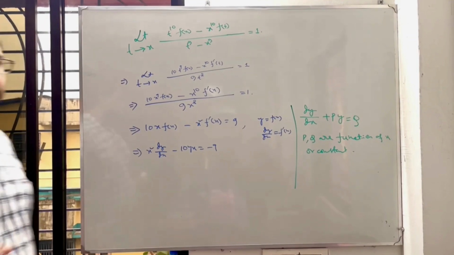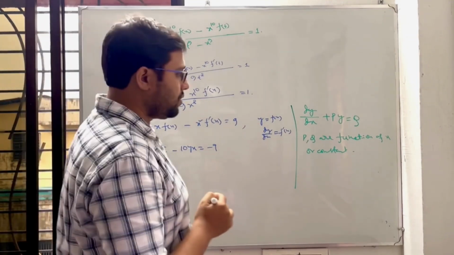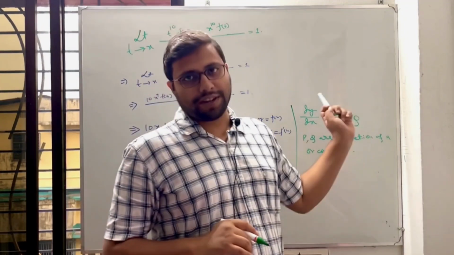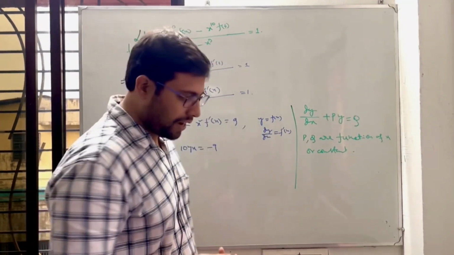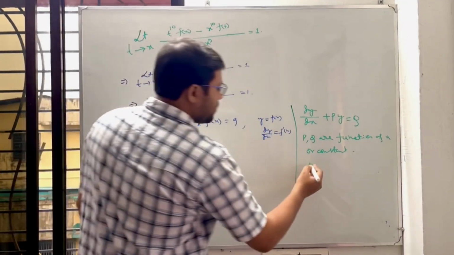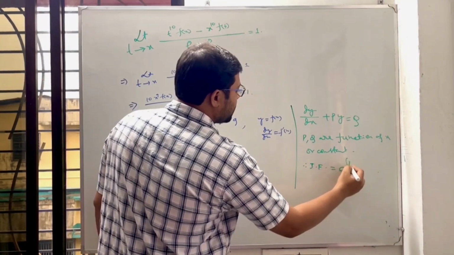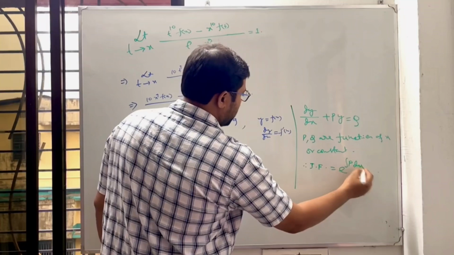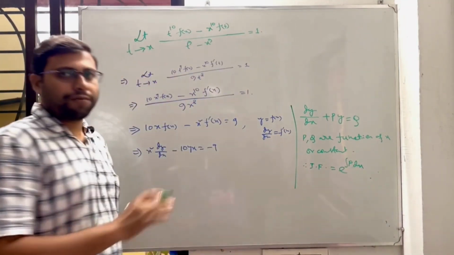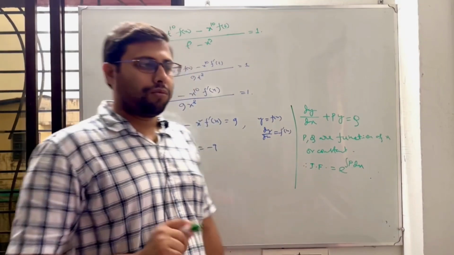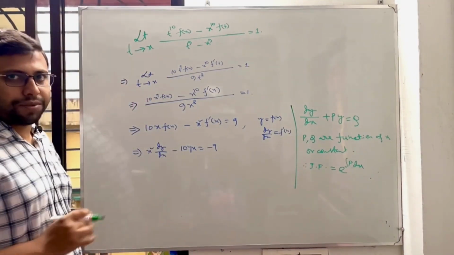In case of this type of linear differential equation, we have to multiply this equation with a factor, and this factor is called the integrating factor. And what is the integrating factor? The integrating factor is equal to e to the power integral of p dx. This is a chapter of class 12, differential equation. We will read this chapter.